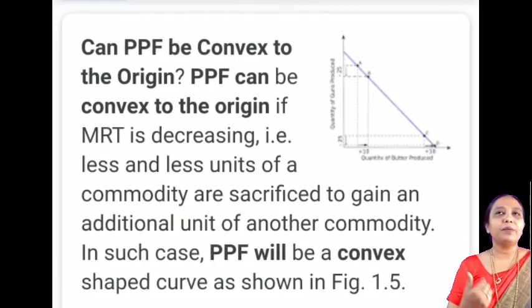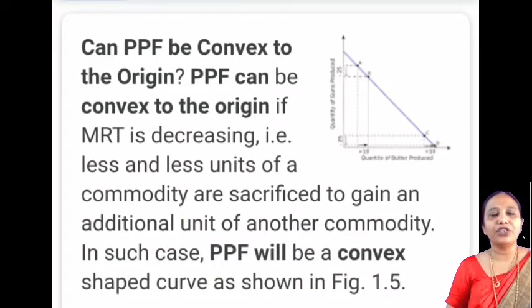In such a case, PPF can also be a convex shaped curve. But this is also a very rare case, highly unlikely, though to some extent the possibilities are found.